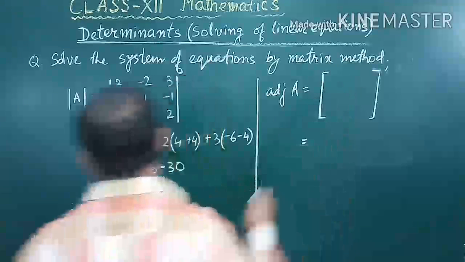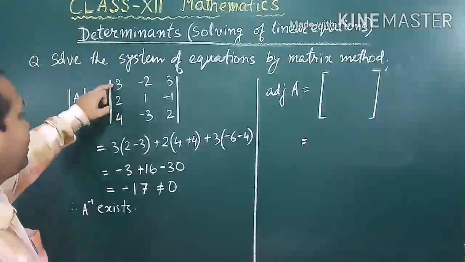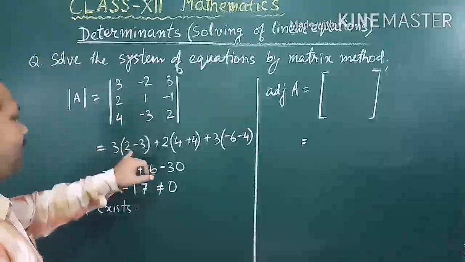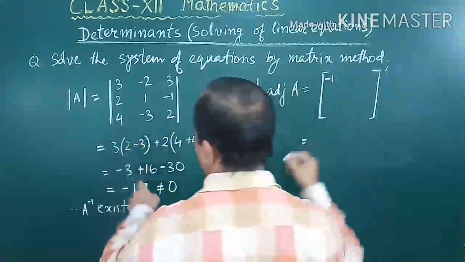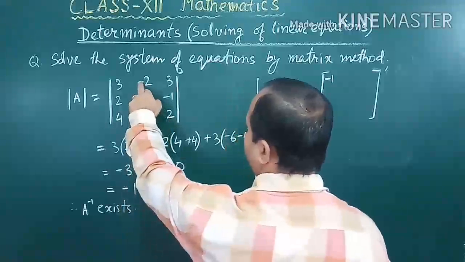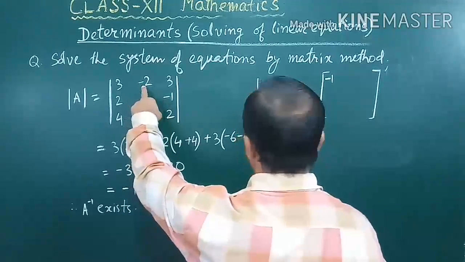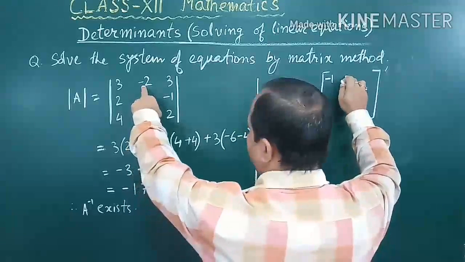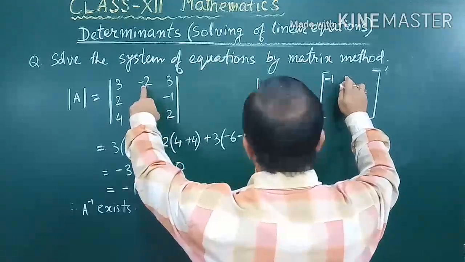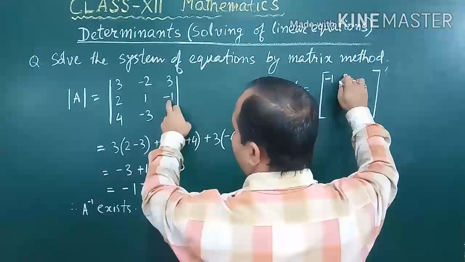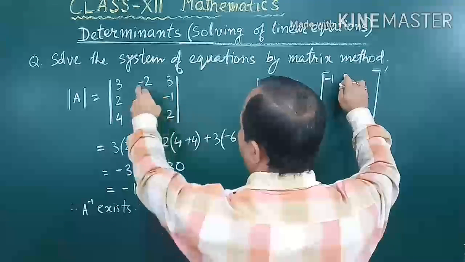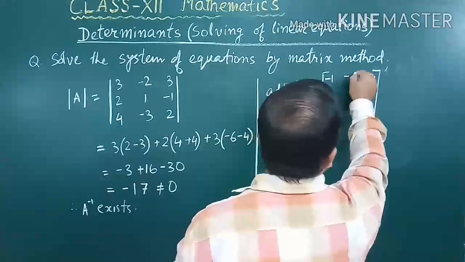What is the cofactor of 3? Cofactor of 3 is minus 1. Cofactor of minus 2 is, how much will it be? 4 minus 4 plus 4, it is 8, but the sign is negative, so it is minus 8.